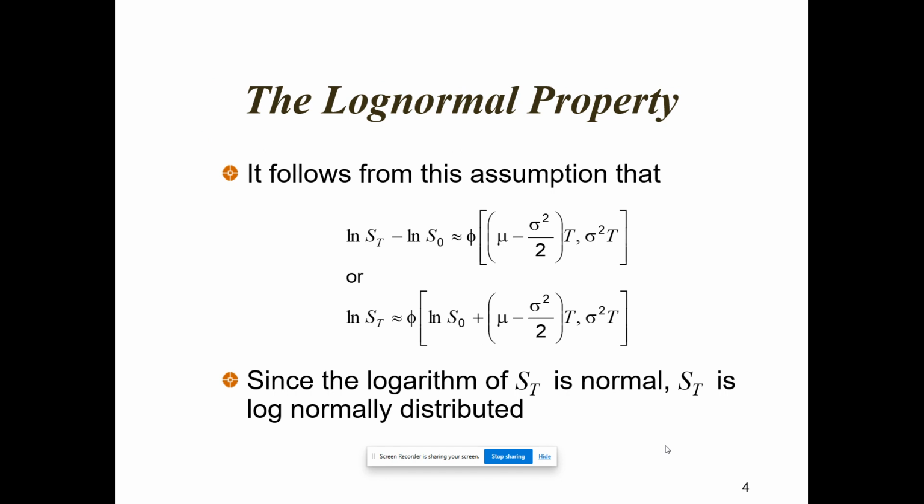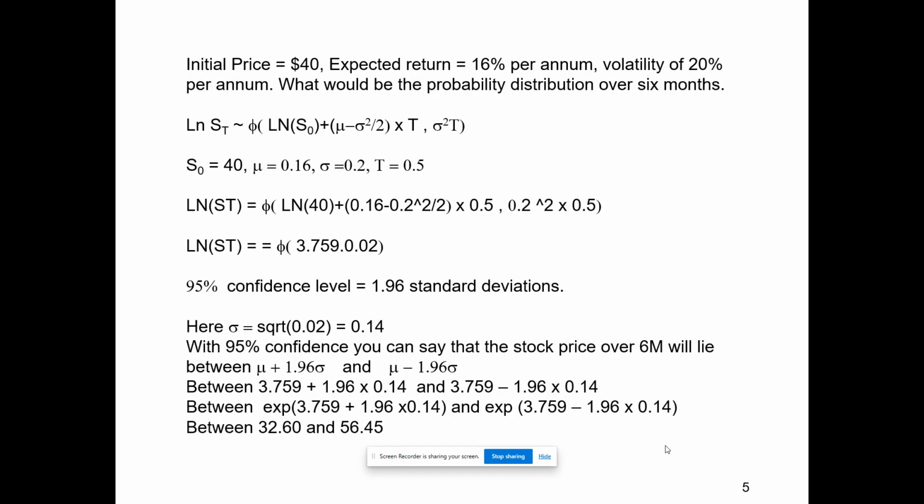As you all know, a normal distribution can be defined by its mean and standard deviation. So if you bring S0 to the right hand side, log normal of ST tends to a normal distribution phi of log normal S0 plus mu minus sigma square by 2 times t, comma sigma square t. Since log normal of ST is normally distributed, ST is assumed to be log normally distributed.